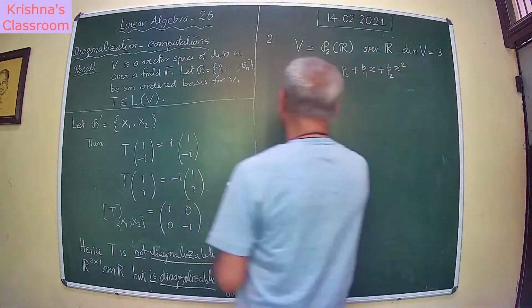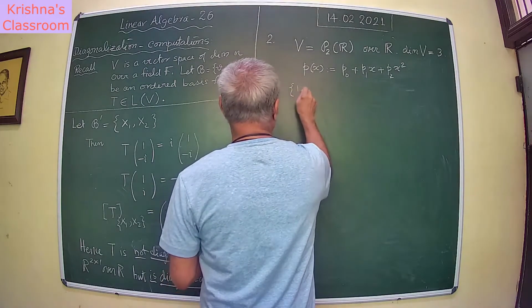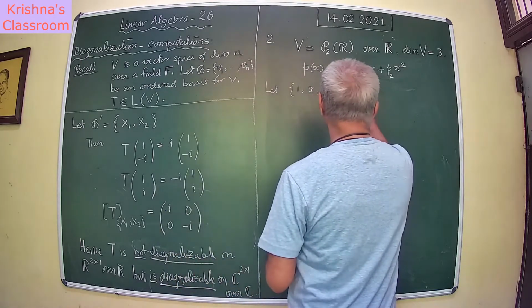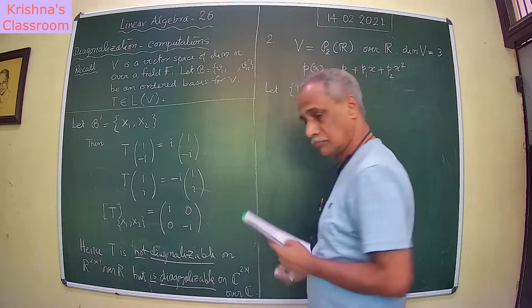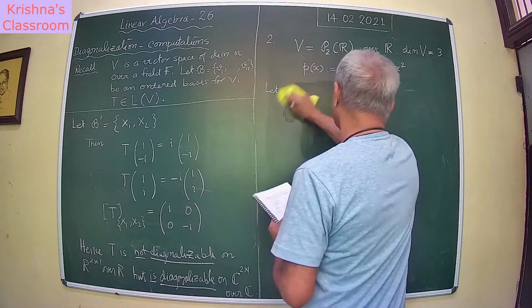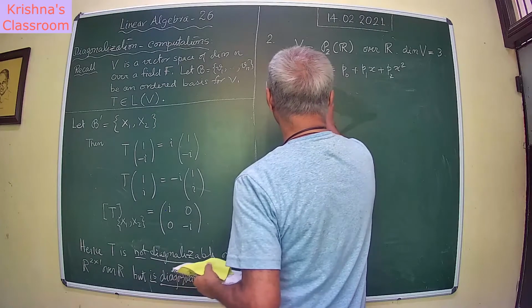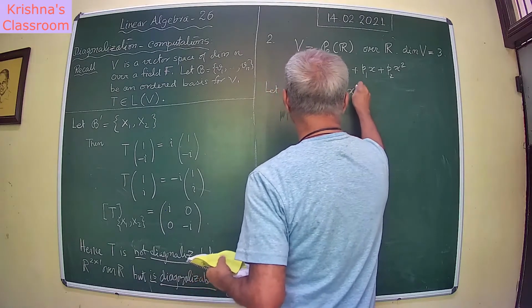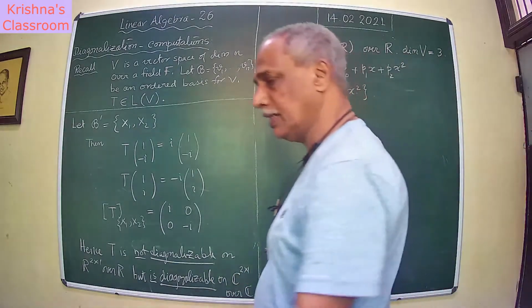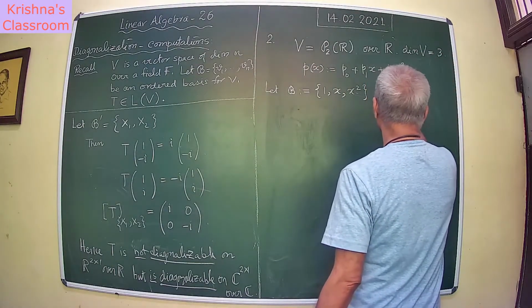Okay, so let us choose B as, you know that this is a linearly independent set of polynomials of degree less than or equal to 2.